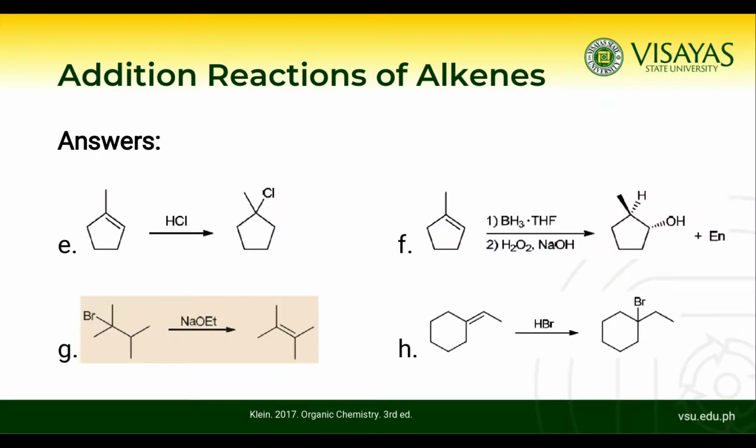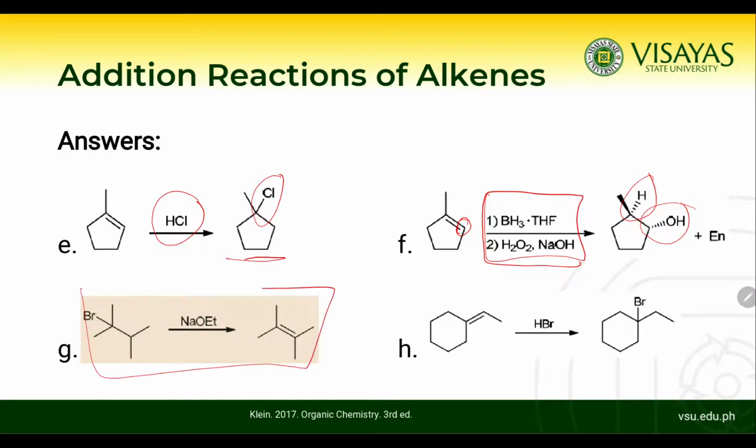For letter E, we are adding chlorine and hydrogen. So we use HCl as the reagent. Letter F, we have the OH and the H. So that means a hydration process, and this is where the OH is attached. So, our reagent is the hydroboration oxidation reagent.